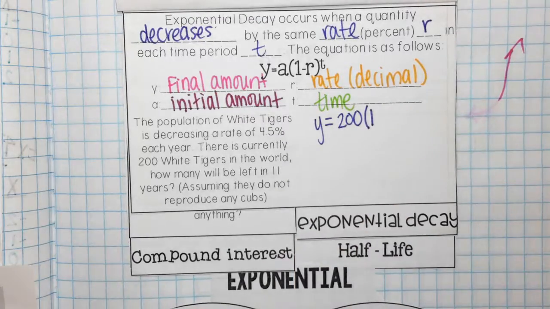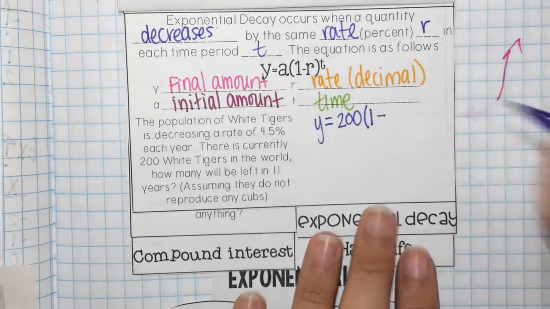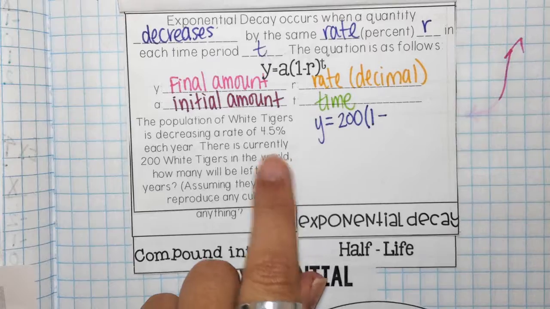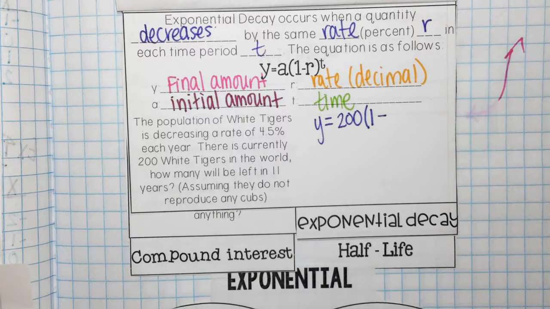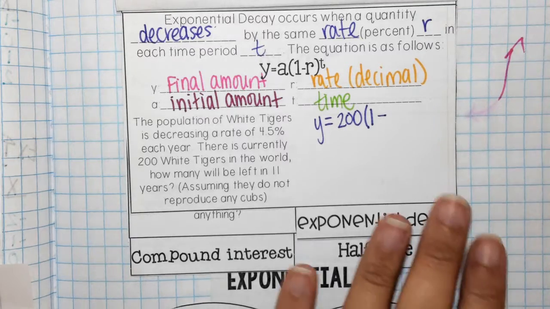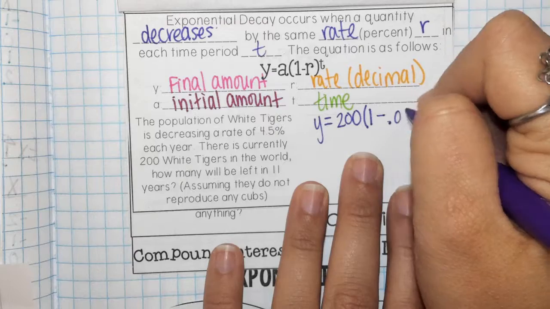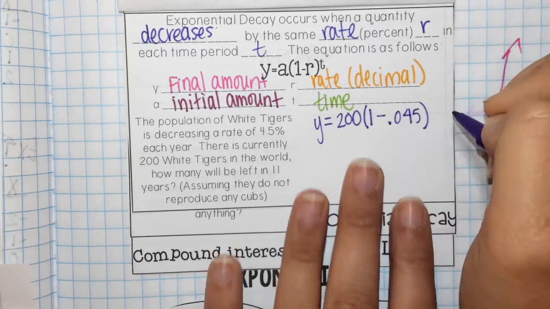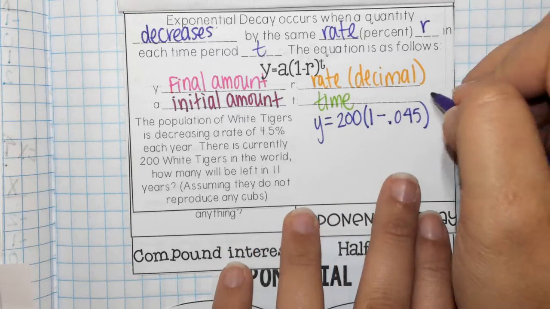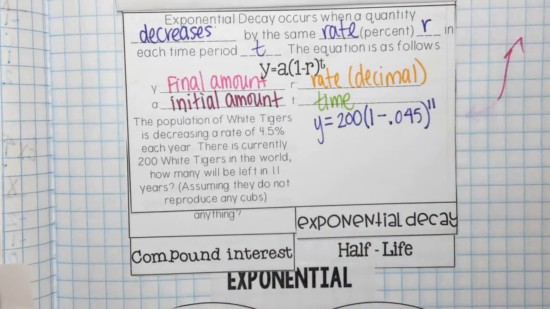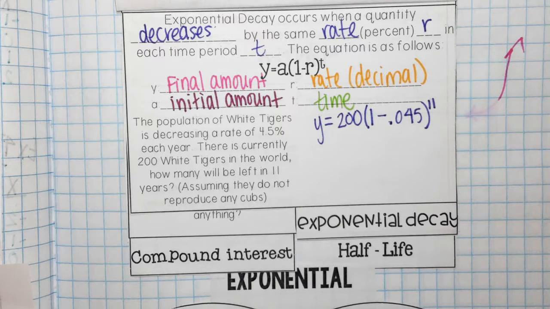Alright, now we have 1. Am I going to write a plus or a minus? Minus. What is the decimal that I'm going to plug in? My percentage is 4.5%, but what's my decimal? 0.045. Yes. And how many years are we looking at? 11 years. Good. So this time we're not just adding 1 and our decimal, correct?